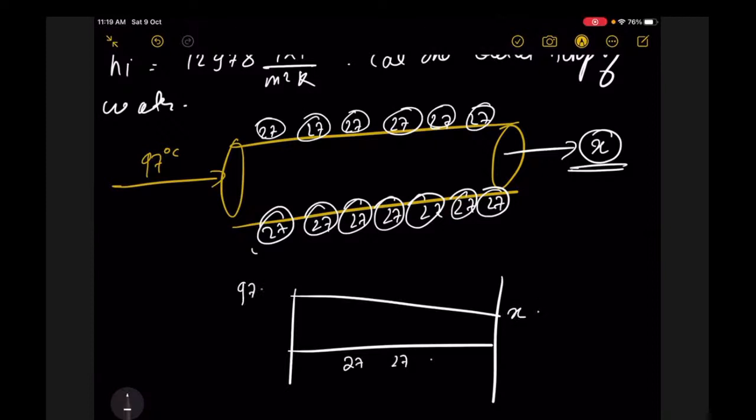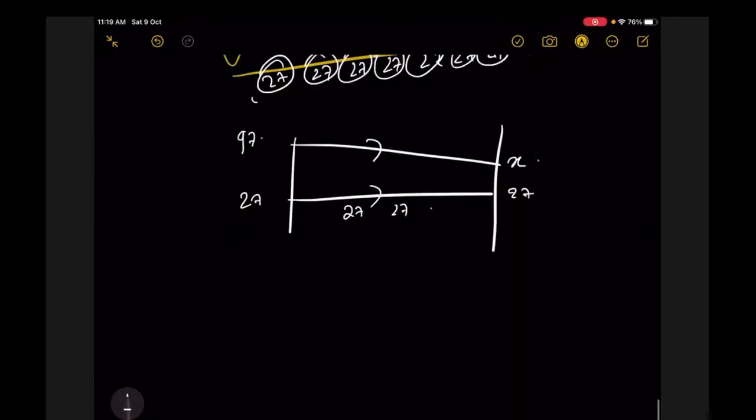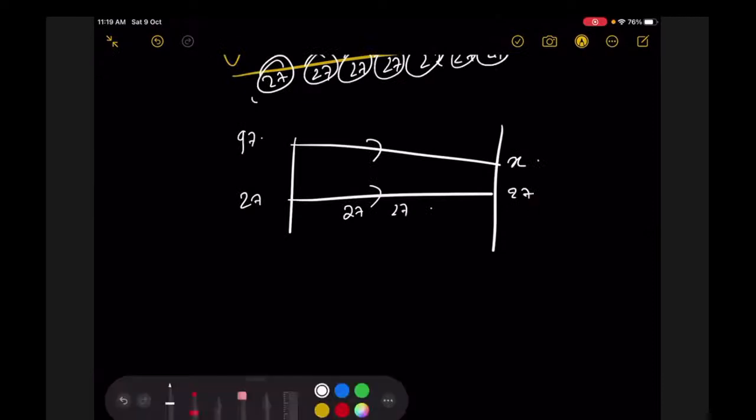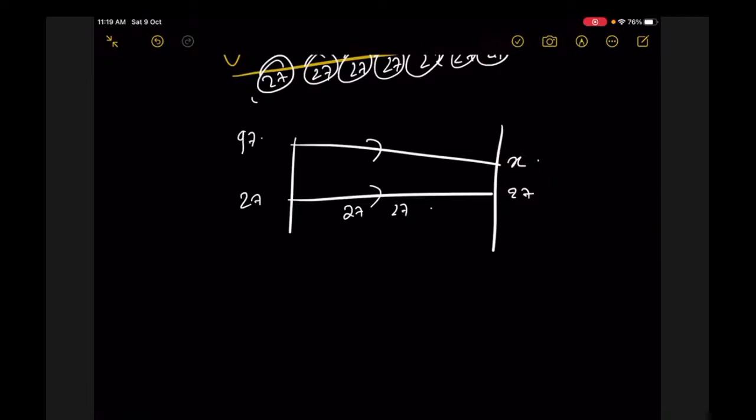I have told already that whenever such a question comes, it doesn't matter whether it is counter current or co-current. So here we can directly use m Cp delta T equals UA LMTD.